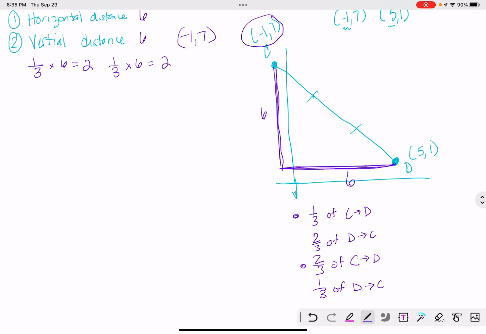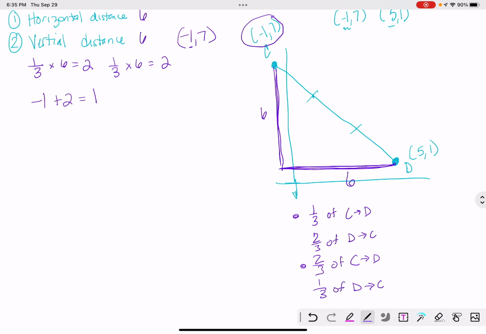All right, so I'm going to take my initial x value, which is -1, and I'm going to add 2. Okay, I end up with 1 as my number.